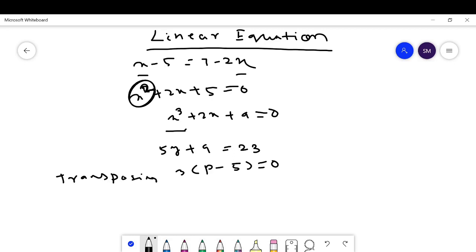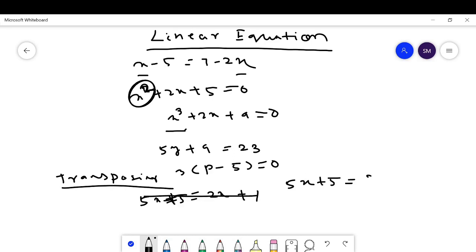Transposing is the method in which you transfer terms. Suppose 5x plus 5 is equal to 2x plus 1. When you solve a linear equation, always try to bring the variables to one side and the constants to the other. Here 5x and 2x are the variables, 5 and 1 are the constants.